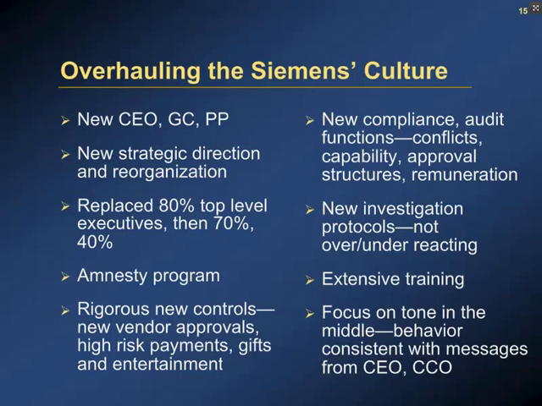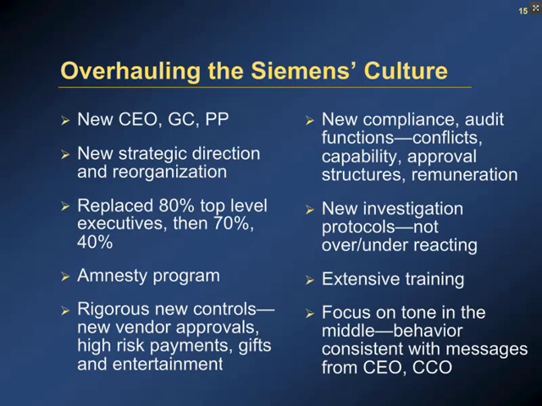They had an amnesty program saying that if you, as an employee, come forward now and tell us what happened, there's no problem, you're fine. But if you don't and we find out you're involved, you're history. There are new controls, new approval processes, new compliance and audit functions, new investigation protocols, not underreacting or overreacting, extensive training, and the focus, importantly, on the tone in the middle.